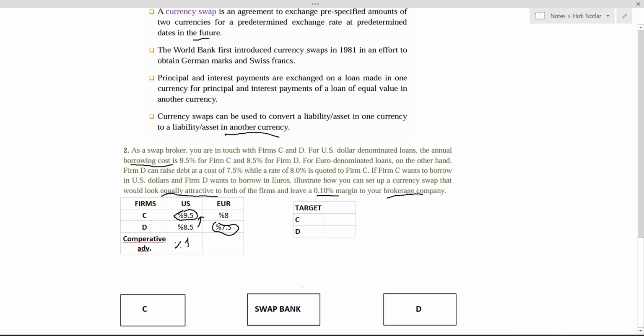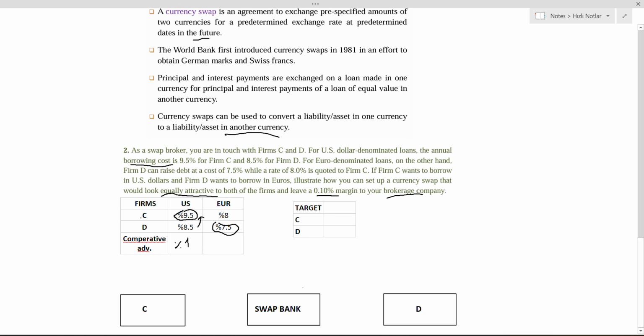So this will be our advantage for the US dollar when we look at firms C and D. Why is this an advantage? Because everyone wants to borrow money at lower rates. It is sensible, right?